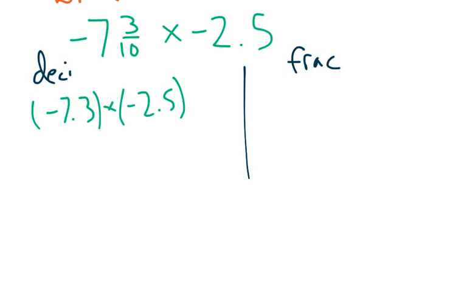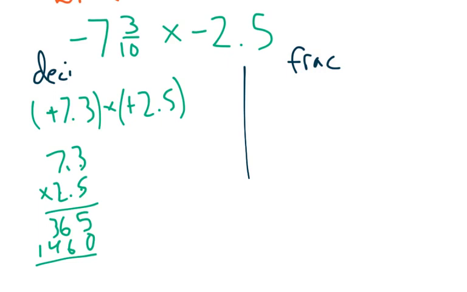So first of all, because they're both negative, they're going to become positive, and I'm looking at 7.3 times 2.5. And so that will give me 5, carry that 1, 6, then here 0, 6, and 1, 4. And so now here I have 5, 2, 8, 1, 2 spots after the decimal, 18.25.